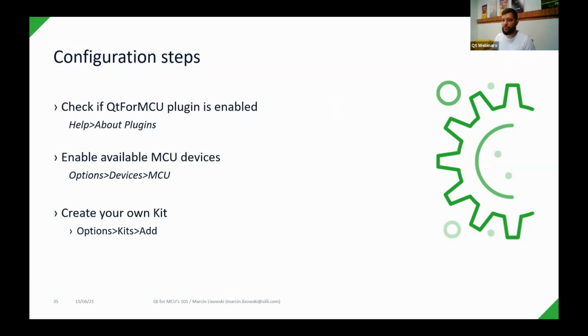As the first thing, we'll check if the Qt for MCUs plugin is enabled at all in our Qt Creator installation. Then we'll verify what devices we have installed, and we'll verify if kits that define how to build your app are properly defined also on your side.